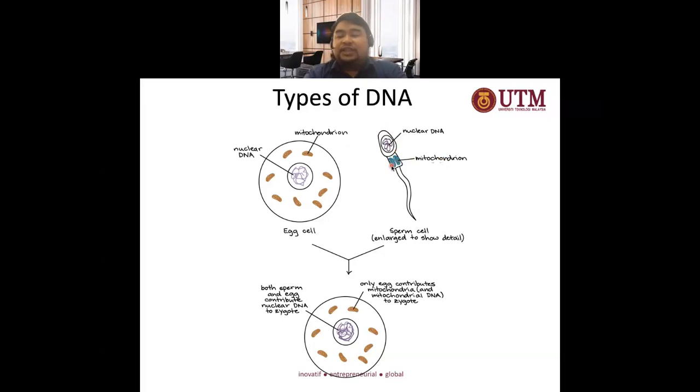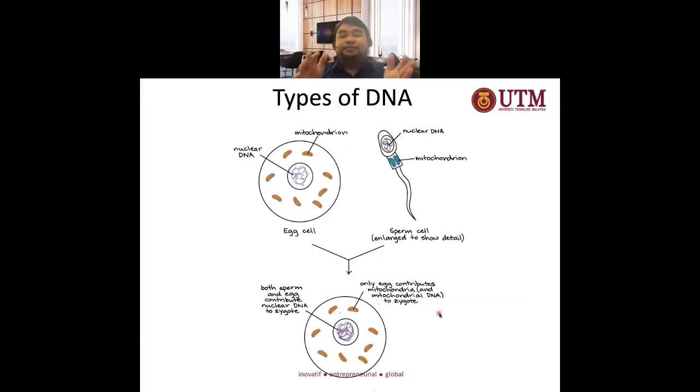During fertilization, the nuclear DNA from the father combines with the nuclear DNA of your mother, leaving the father's mitochondria outside the cell. Only the genetic information from your father goes inside, but not the mitochondria, which just remains outside of the egg cell.